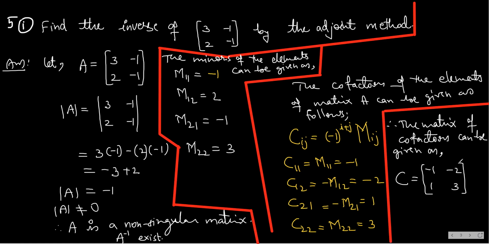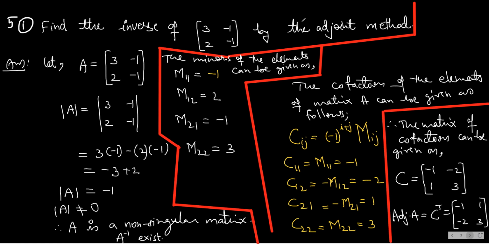Now you write C transpose, and that is adjoint. Adjoint of A is C transpose. Do you understand how to get the transpose? You interchange the rows to columns. So the first row becomes the first column, the second row becomes the second column. So -1, 1, -2, 3.